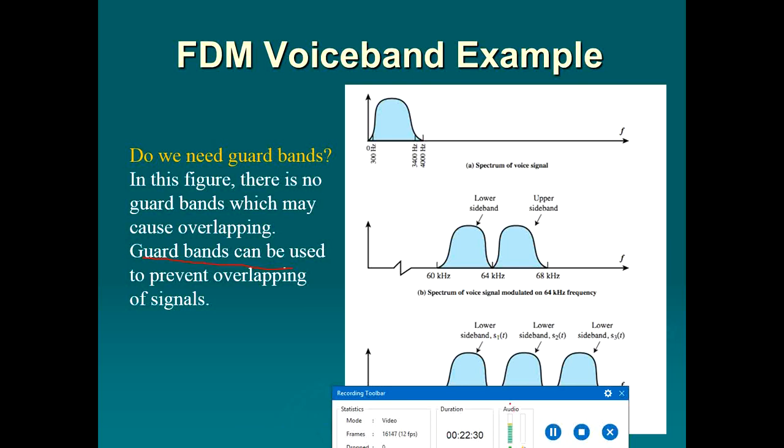If we don't have the guard bands, the different signals will overlap each other and we will not be able to make out the data correctly from the signal. So that's why we need the guard bands.